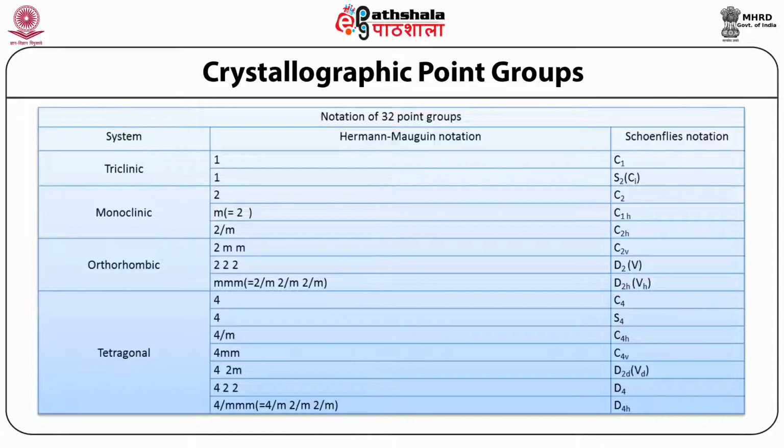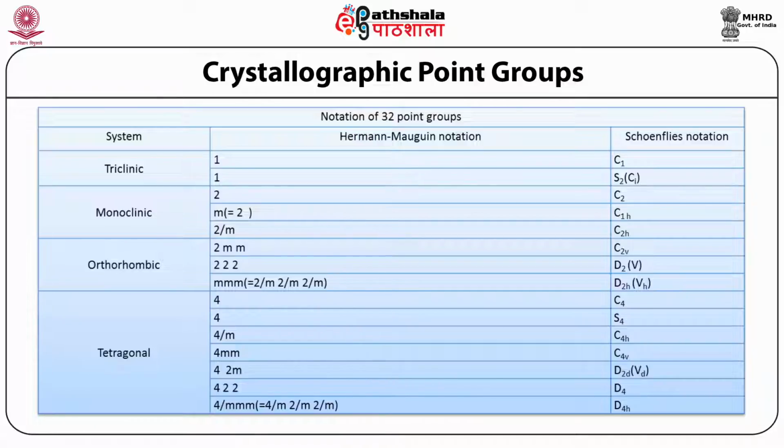Then we have tetragonal system, which has notation under Hermann-Mauguin notation as 4. Corresponding to it, Schoenflies notation is capital C subscript 4, then 4 bar under HM notation. Corresponding to it is Schoenflies notation, which is capital S subscript 4, then 4 by m under HM notation.